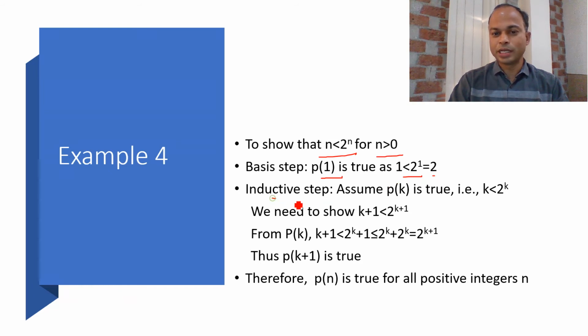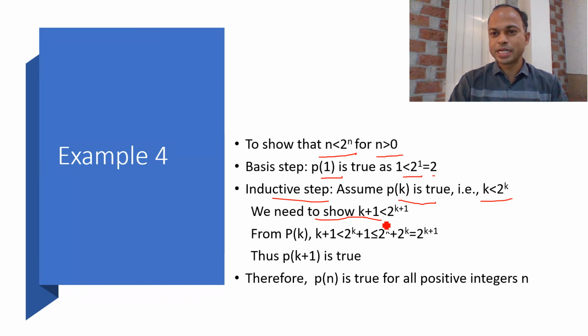If we talk about the inductive step, then we have to write n equals to k. Say we are assuming k less than 2 raised to the power k. We have to demonstrate it for k plus 1, I mean k plus 1 less than 2 raised to the power k plus 1.